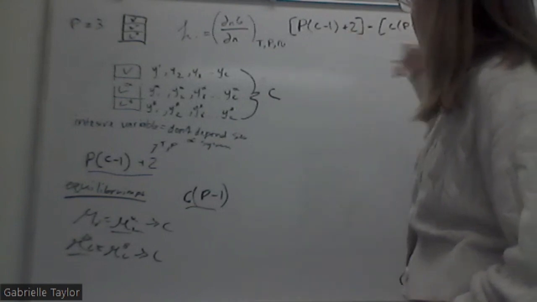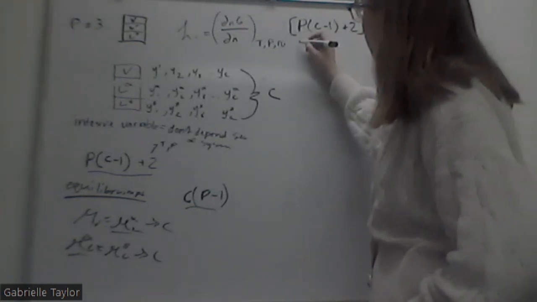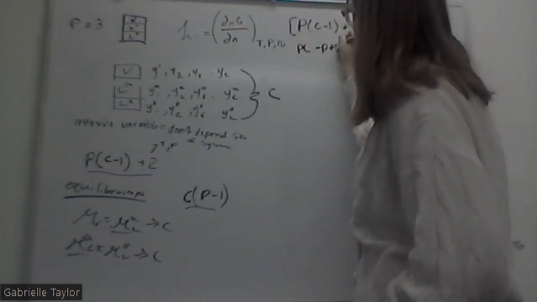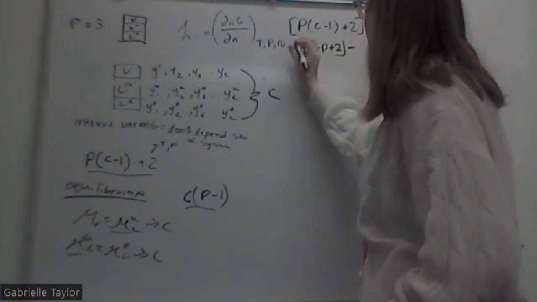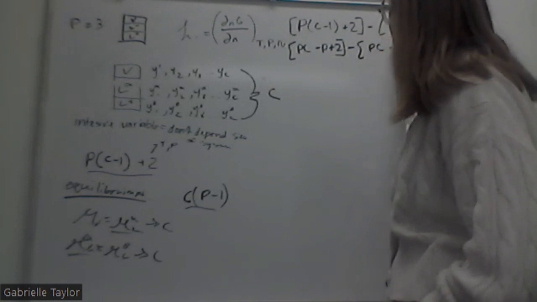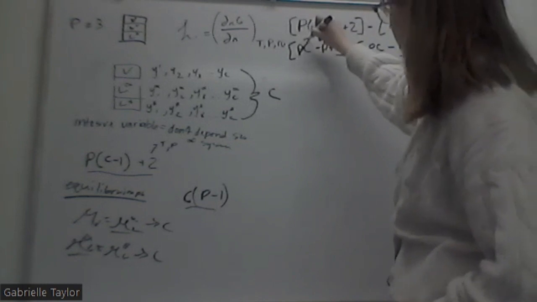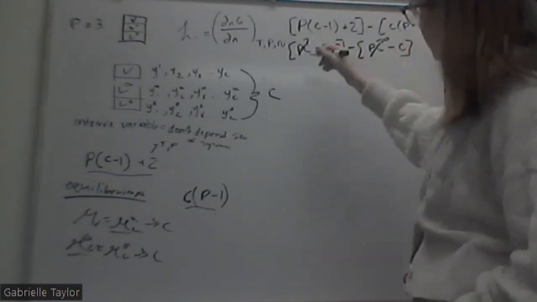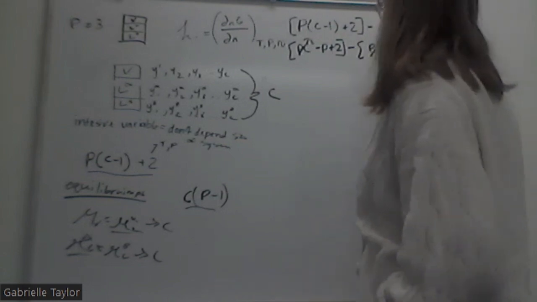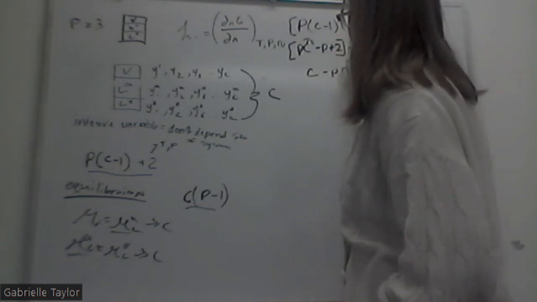The next thing that we want to do is distribute P and distribute the bracket. So we're going to have PC minus P plus 2, and then in the bracket, PC minus. Then these PC terms cancel out. Distributing the negative, it's going to be C minus P plus 2.